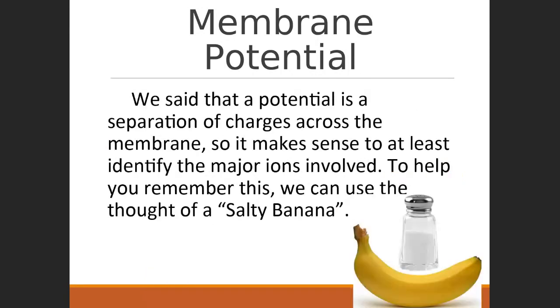The analogy that I like to use is salty banana. We have 5 different ions that we're going to be concerned with, all of which contribute to this separation of charges and the creation of the voltage. This salty banana analogy at least lists 3 of them.